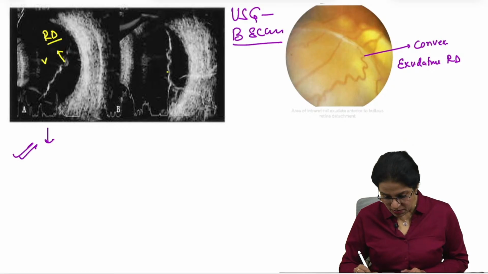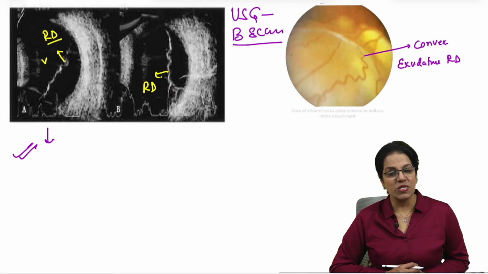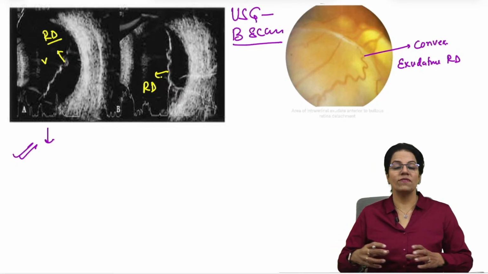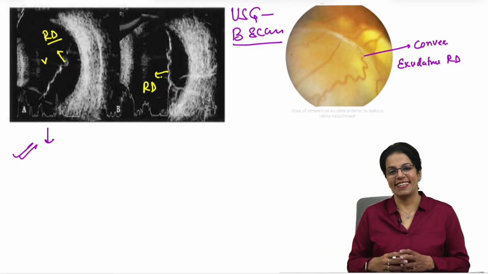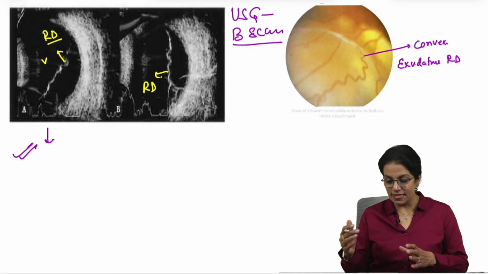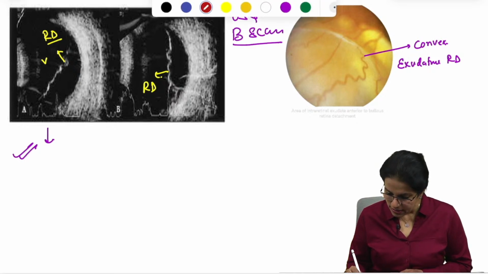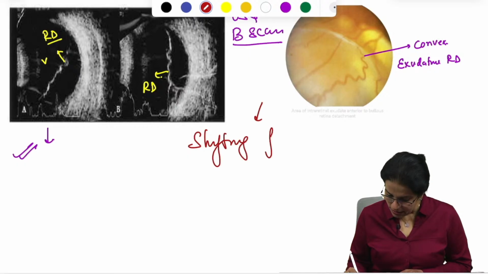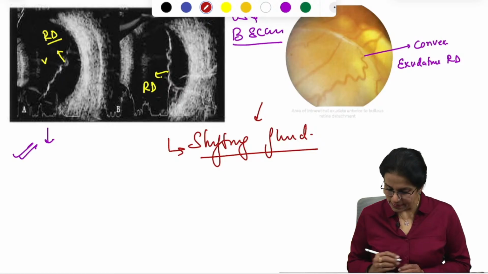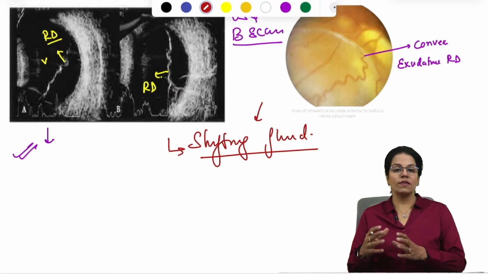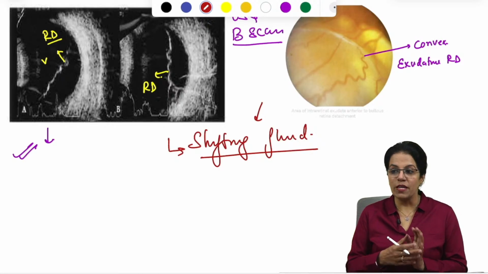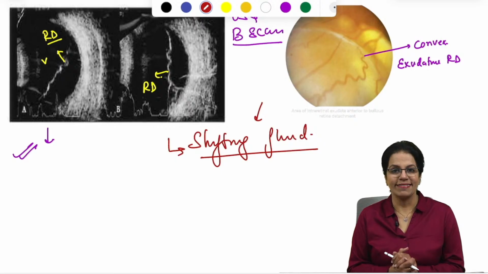After some time, this is the position of the detached retina, because of shifting fluid. We have read about shifting fluid, this is mainly the feature of exudative. So here you will say, due to this shifting fluid, you can see two positions of the retina because it becomes a very mobile retina.